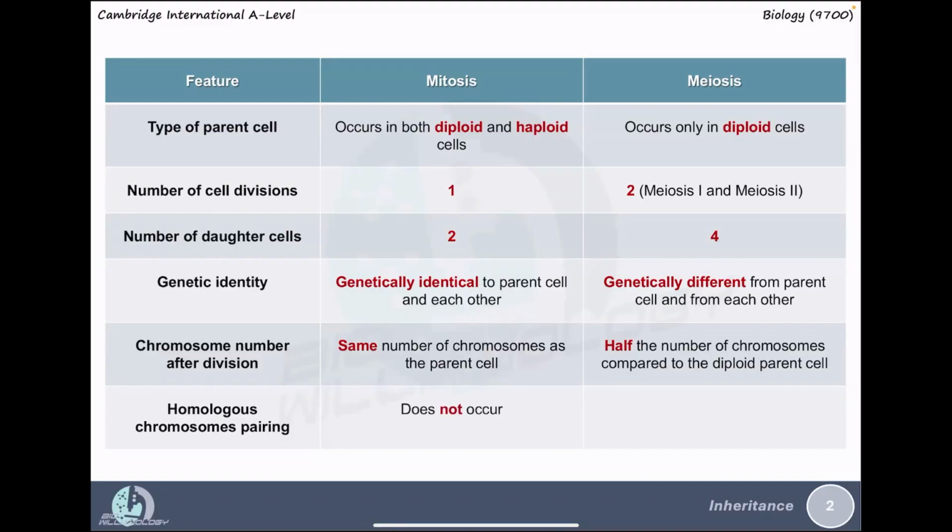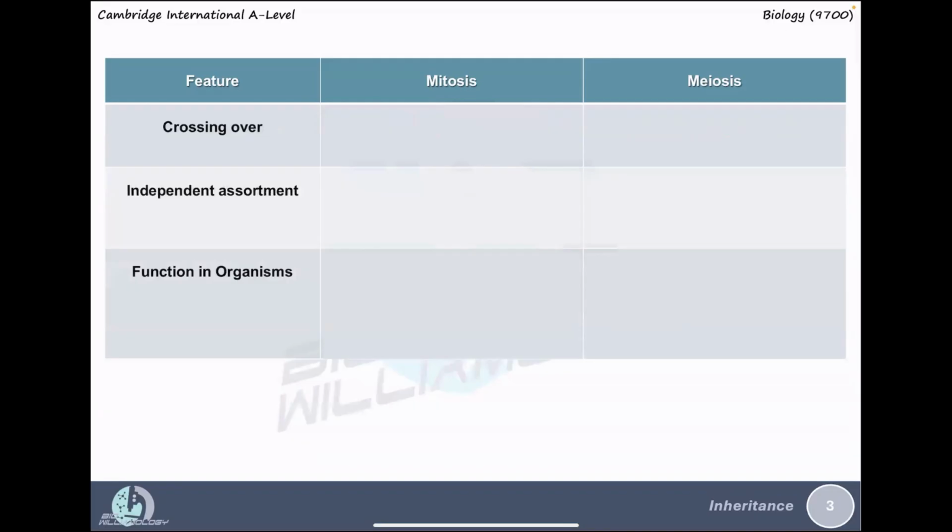During mitosis, homologous chromosome pairing does not occur. How about meiosis? Yes, homologous chromosome pairing occurs during prophase 1 to form bivalents or tetrads. Crossing over does not occur during mitosis.